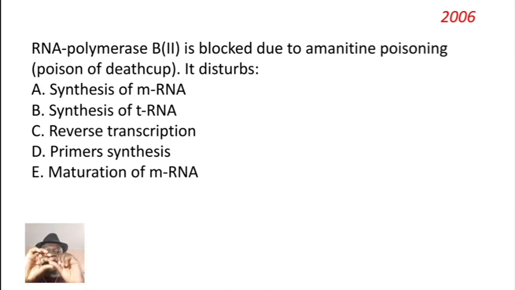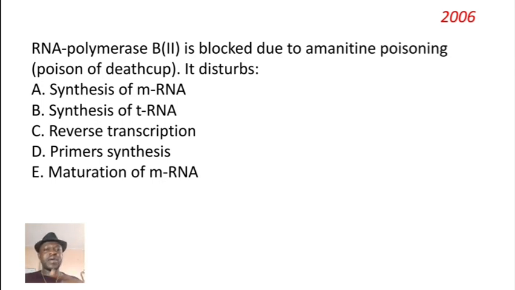Okay, let's talk about the central dogma of genetics, or central dogma of biology, right? So from DNA to RNA is transcription, right? And from mRNA to protein is translation, right? The enzyme which is responsible for transcription, that's DNA to RNA, specifically messenger RNA, that's mRNA, is RNA polymerase, right?